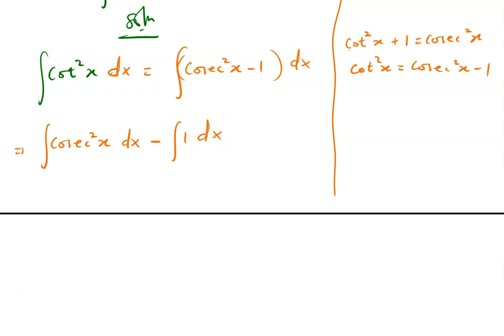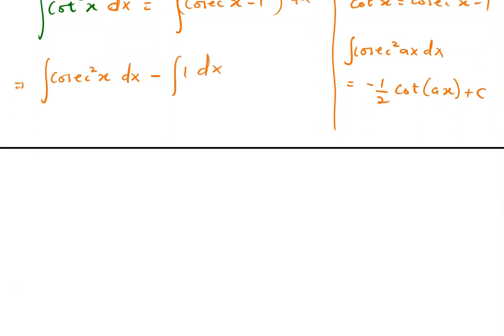So that is it. And you can recall that in our first video on standard integration, we said that the integral of cosec squared ax dx is the same as minus 1 on a cot ax plus c. So out of this rule, we can integrate cosec squared x.